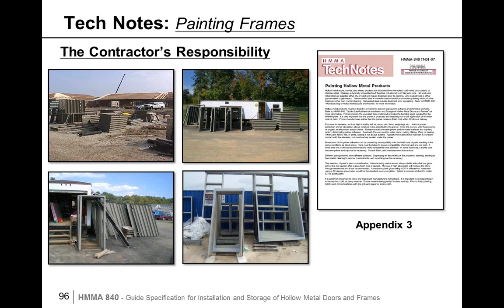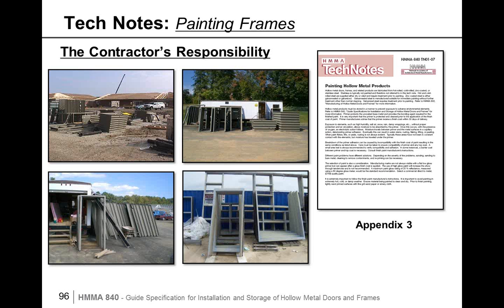As the job progresses, the contractor will start raising issues about frames rusting, deteriorating, etc. The technical tip on painting hollow metal products clearly defines how to do that, and it is the contractor's responsibility through this construction phase to make sure that if the primer is damaged, whether it's scratched, worn, or improper storage is used, it's the installing contractor's responsibility to touch up the primer and repair any defects.